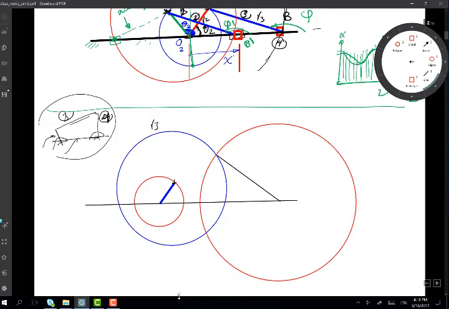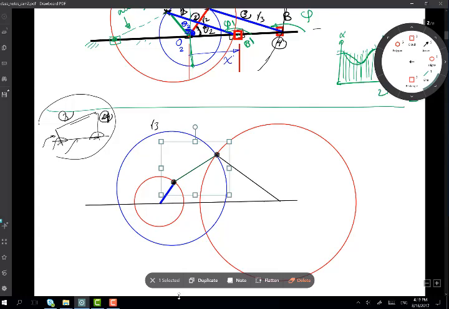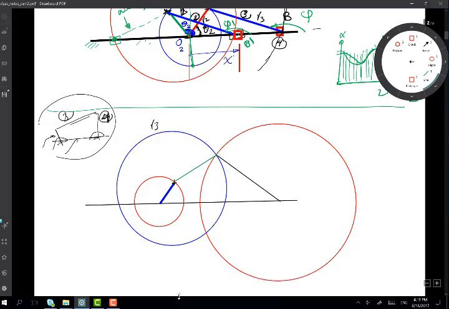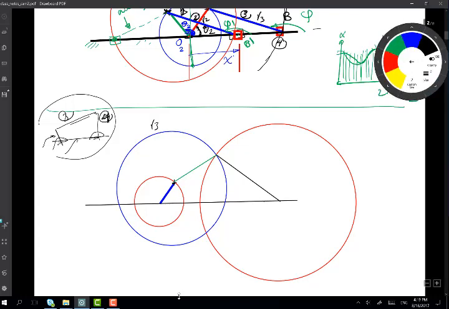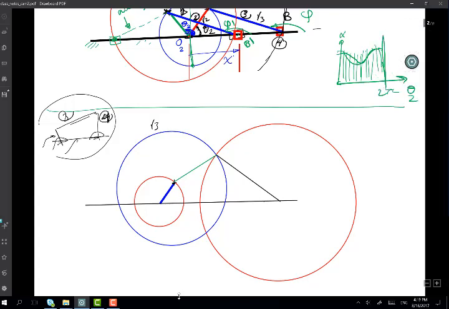And then I can have link number 3 from here. So this would be link number 3. So that's one possibility. It's just a matter of intersecting those circles again. This will be R4 and this will be R3. So this will give me a possible solution.